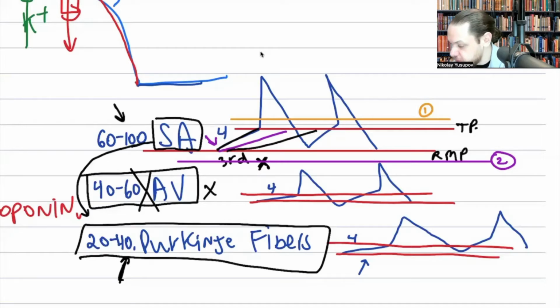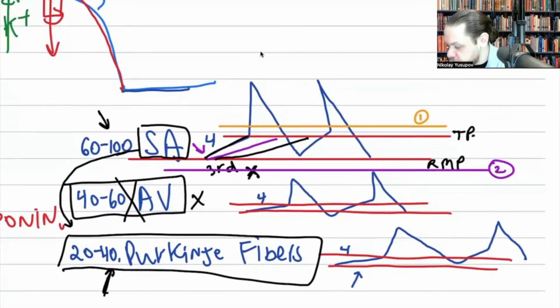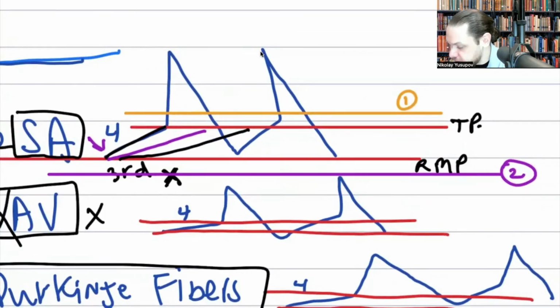So we can make a slope like this. This would be 3. And the other thing we can do is prolong this repolarization phase. So we can do it like this. So this is increasing.